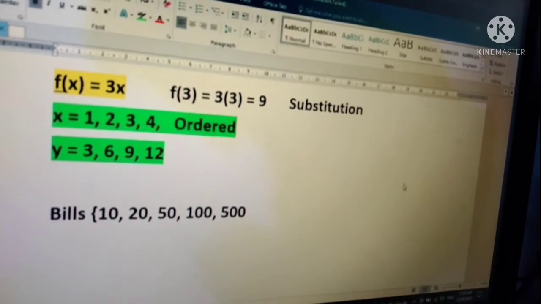Yung ordered pairs is in a roster form. So paano yan? Naka-braces, bracket, 1, 3, X, 2, nakikita ba? Nakikita po. 2, tapos 6. Nakikita ba?